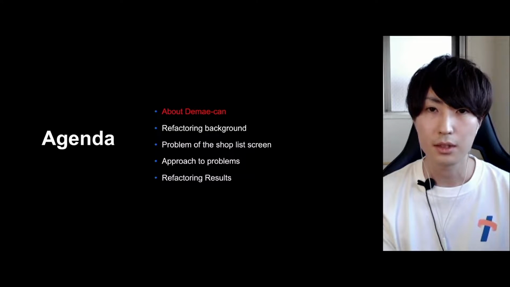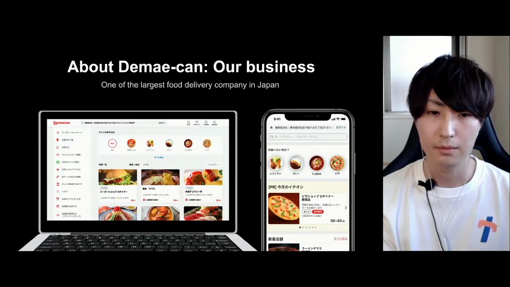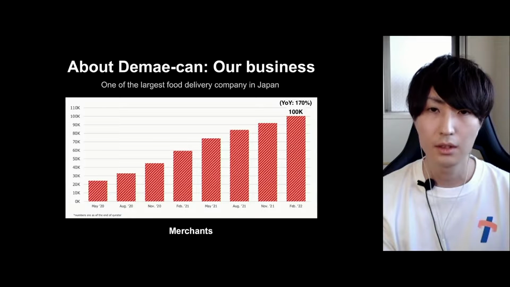So I'd like to introduce who Demaecan is. Many of you who are in Japan may know Demaecan is one of the largest food delivery services in Japan, used by many customers. I'd like to look at how such a service is growing by following the numbers.